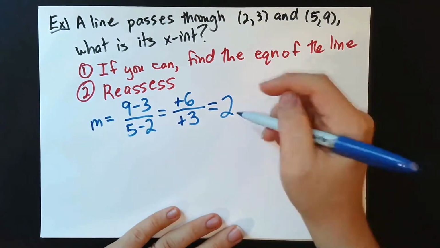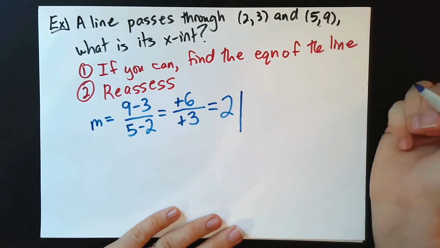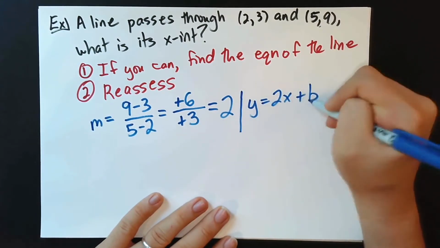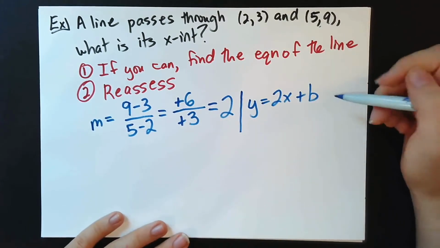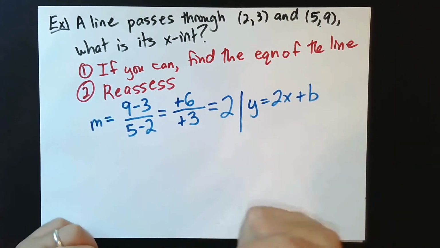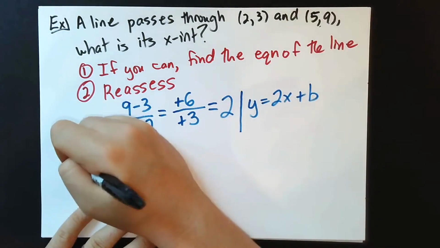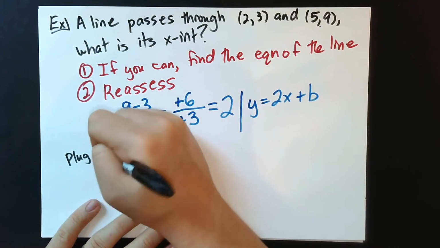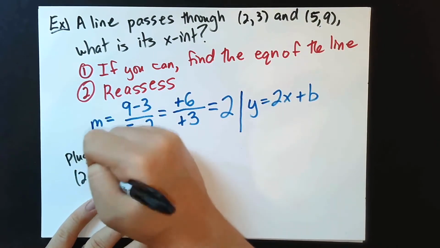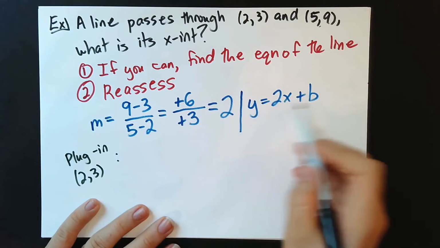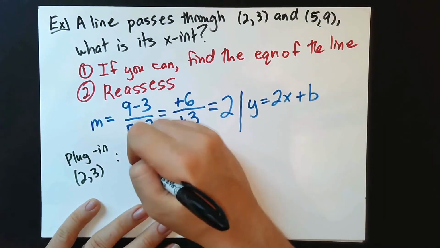All right, so having done that, we know that the equation of our line looks like y = 2x + b. And then we just have to figure out what this b is going to be. To do that, we can plug in our choice of these points. So I'll plug in (2, 3). Since (2, 3) is on the line, if I plug in (2, 3), I'm going to get a true equation.